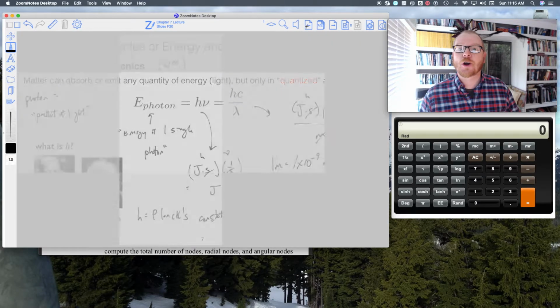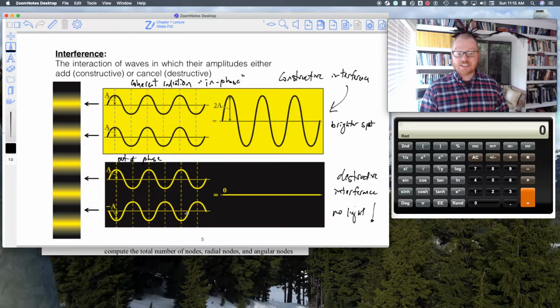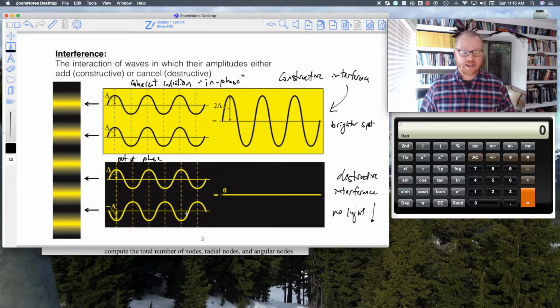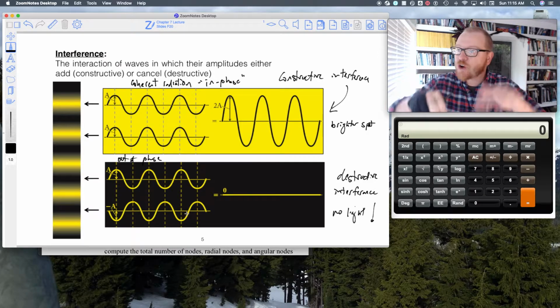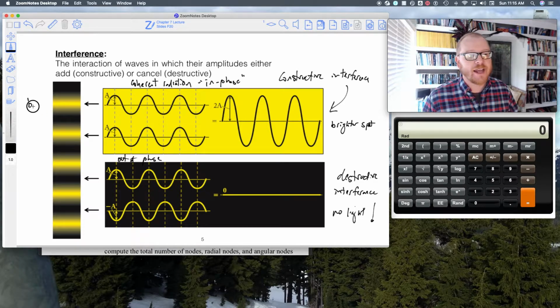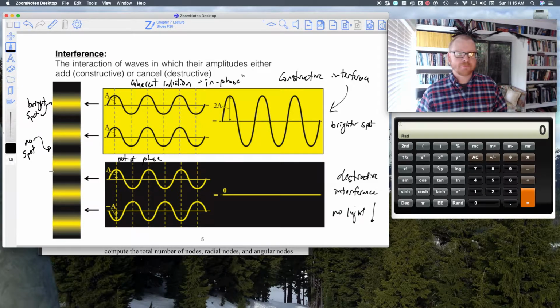Just like I showed you in this slide, when the light is forced to pass through two openings, you can get simultaneous constructive and destructive interference, where you have really bright spots and let's say no spots at all.